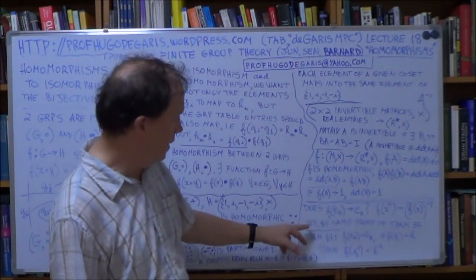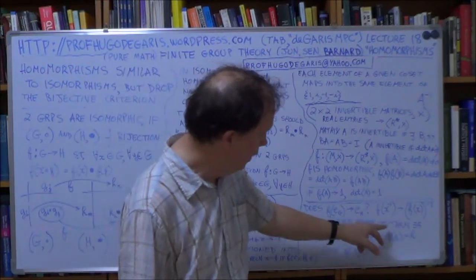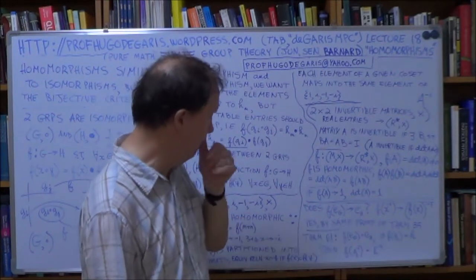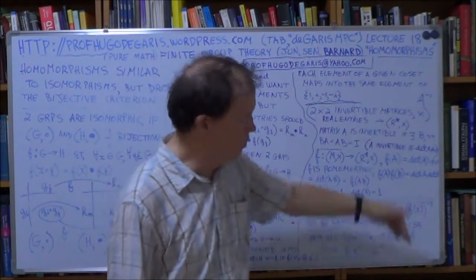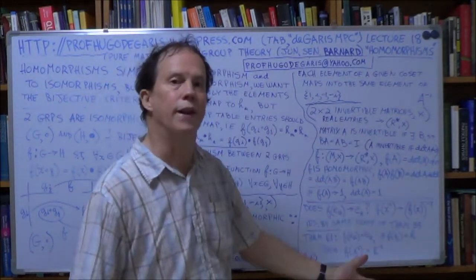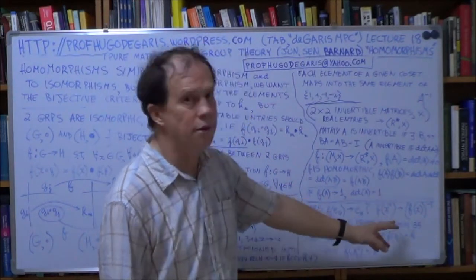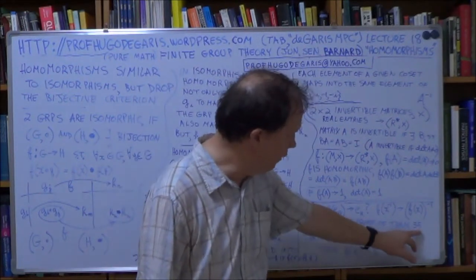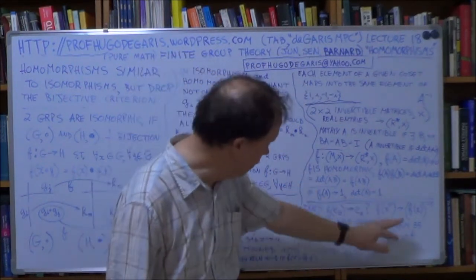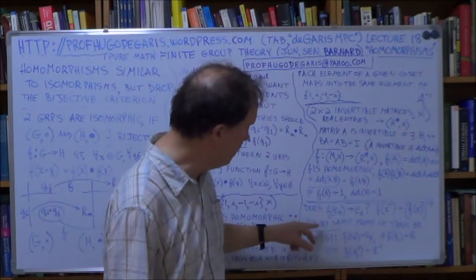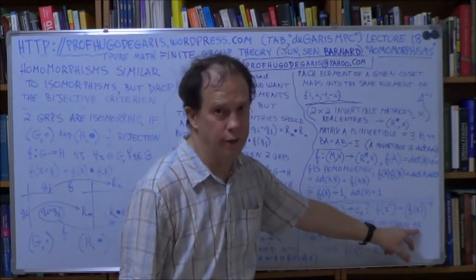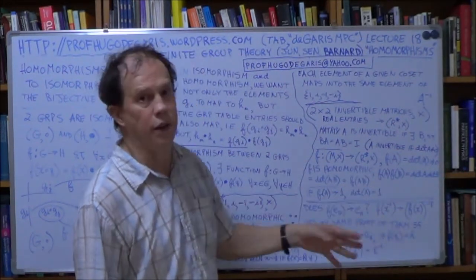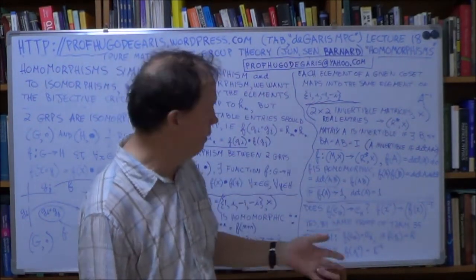The answer is yes, and the proof is in theorem 35. I'm saving a bit of time here. We could just do a complete repeat, but we've done it already. So just go back to lecture 11 and have a look at the proof of theorem 35, because the proof here is just the same proof. I'm not going to spell it all out again, because it's a complete repeat.